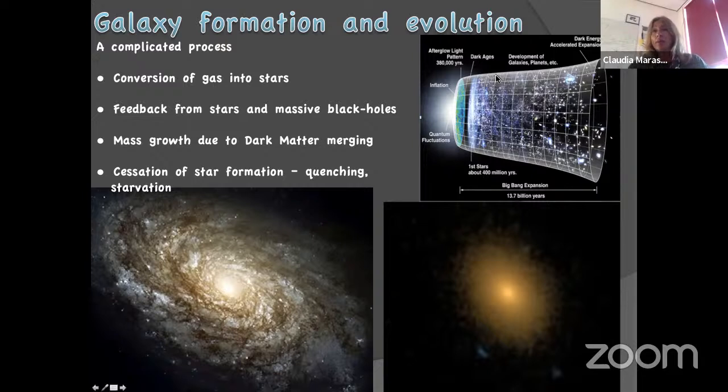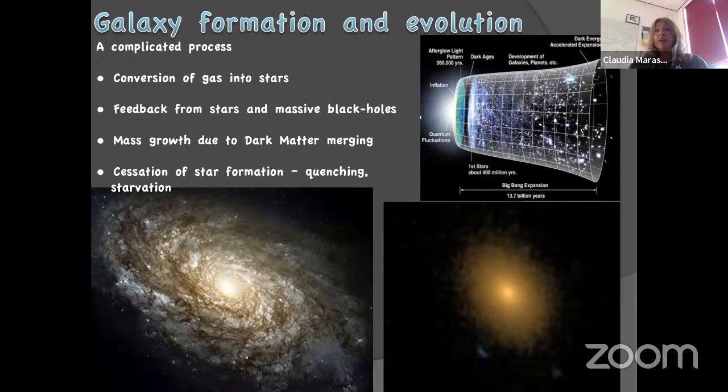And after a short period called the Dark Ages, that is currently being probed by the James Webb Space Telescope, we certainly start at some point having the first stars, which then get together to form the first galaxies. And for the rest of the 12 billion years and over of cosmic time, it is all about galaxy formation and evolution. But this is a very complicated process.